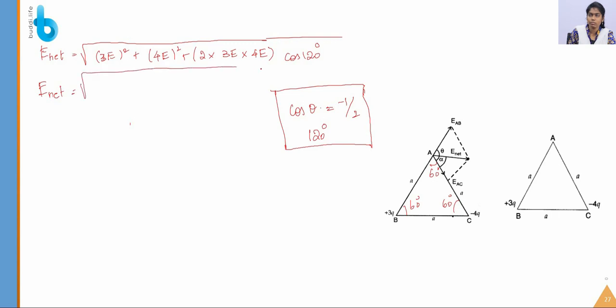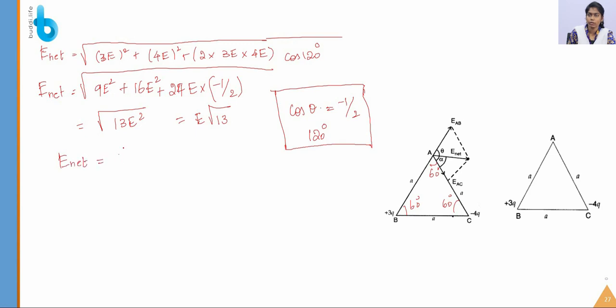By resolving this we will get 9E square plus 16E square plus 3 2s are 6, 6 4s are 24E square into minus 1 by 2. By taking root we will get root of 13E square, which is E root of 13.